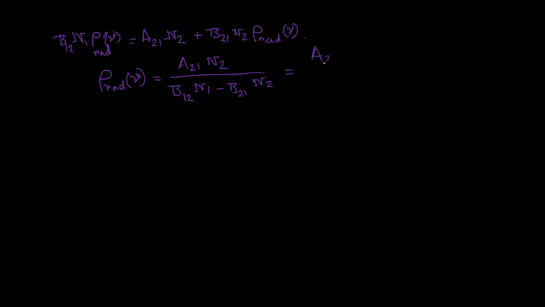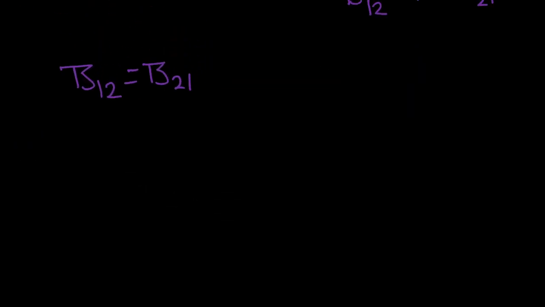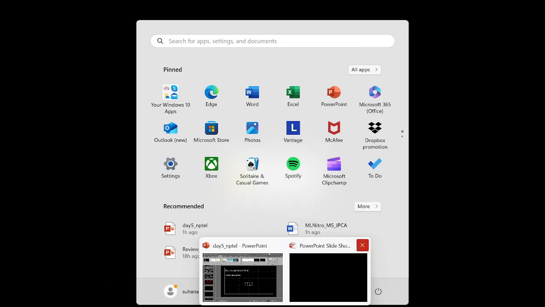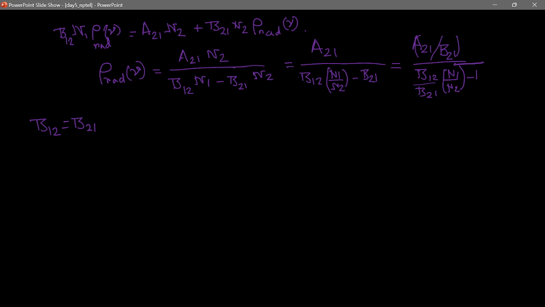If we divide both by N2 and then by B21, and we know the rate constants for stimulated emission and absorption are the same, we can simplify.